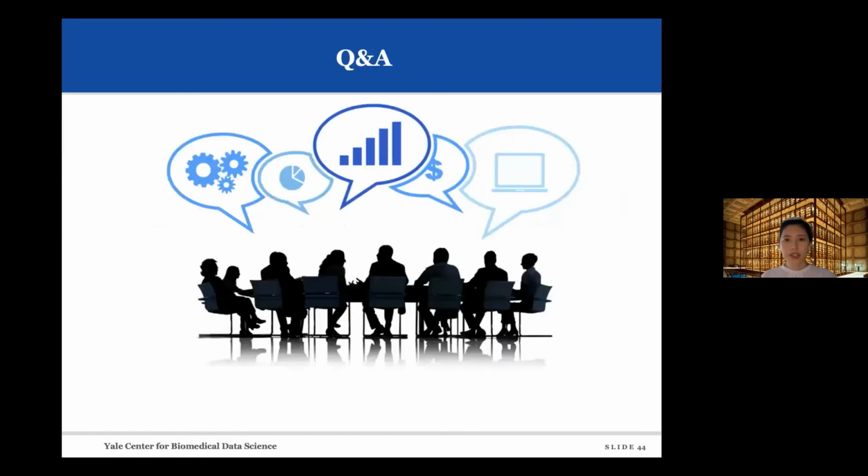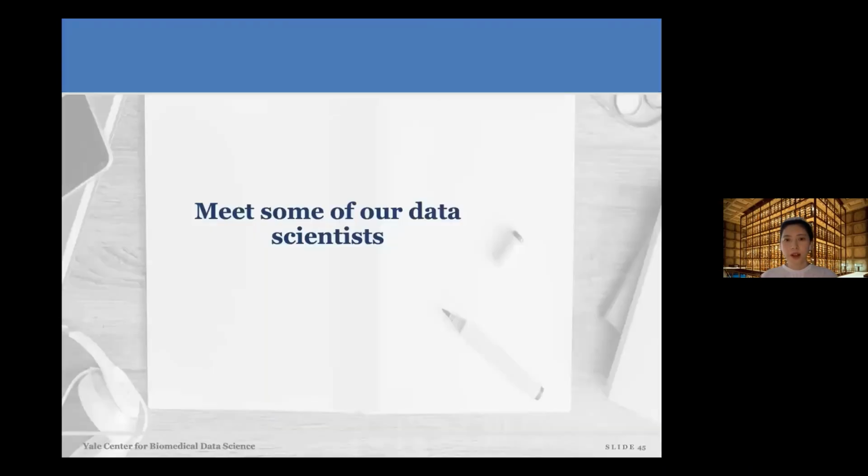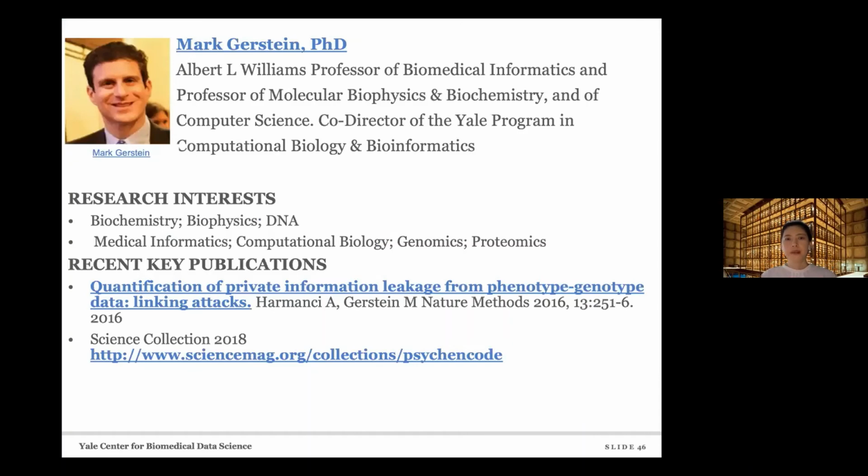I still have more time, so I'd like to introduce some individual principal investigators if people are interested. Like I mentioned, Mark Gerstein: remember I shared the scope of biomedical data science diagram at the very beginning. I'd like to start from the molecular level and work my way up.